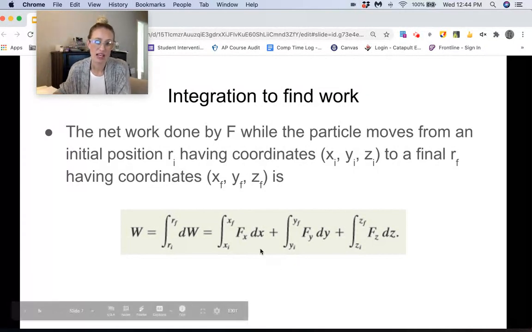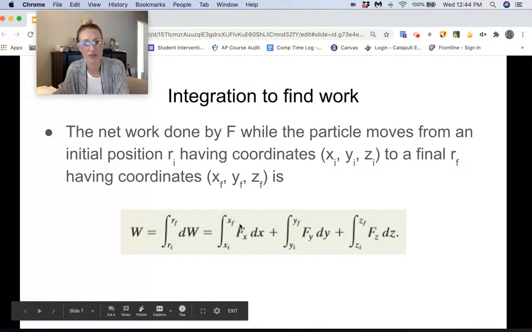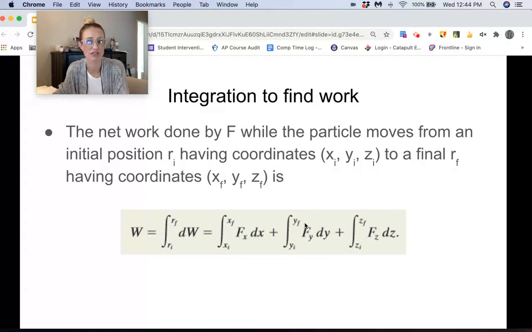So again, if you get a function of the force as it changes with our x position, a function of the force as it changes with our y position, and a function of the force as it changes with the z position, you're just going to take the integral of each as that position changes and then add them up together, like we have done before.